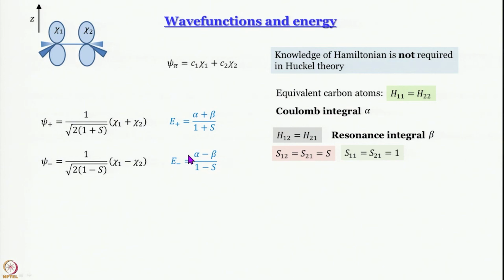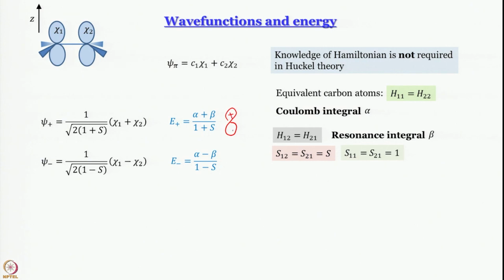Okay. So, one combination is plus, one combination is minus, equal contribution from both the atomic orbitals here, and since I forgot to draw this diagram here, I will draw it by hand. This psi plus, what would it be? Not very difficult to understand, I can draw like this.